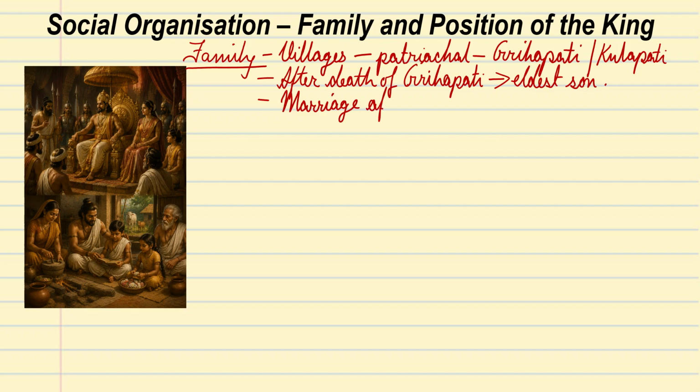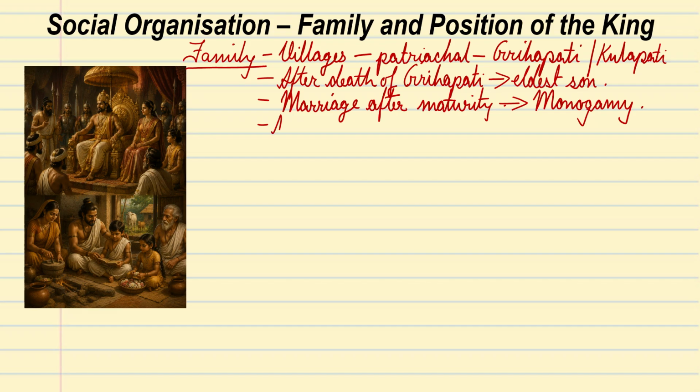There was no marriage before a boy or a girl was mature enough to marry. Monogamy was the normal form of marriage. This is very important. Monogamy means there would be only one partner for a person.